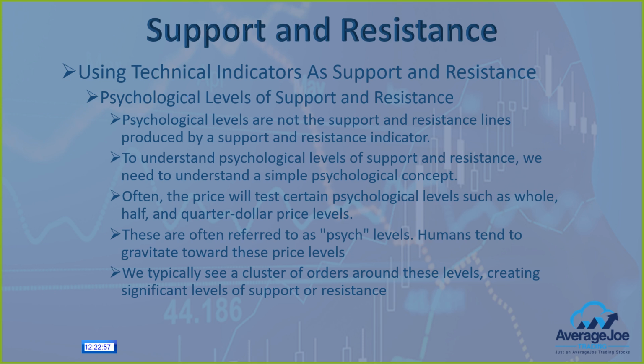People like me with dyslexia tend to gravitate to those. And I think that's a big reason why I ended up gravitating to them before I even learned the significance of it. But we typically see a cluster of open interest around these levels on the option chain that creates a lot of support and resistance.